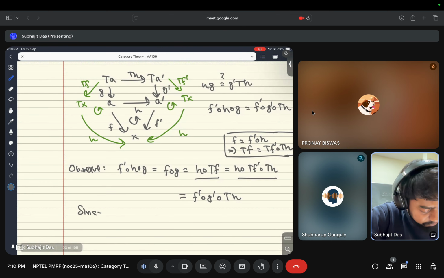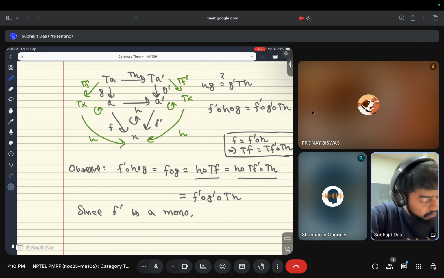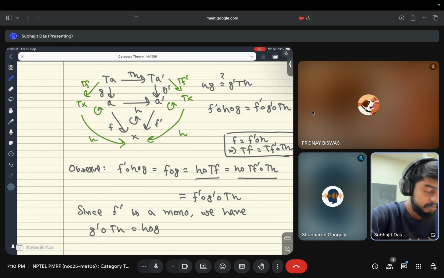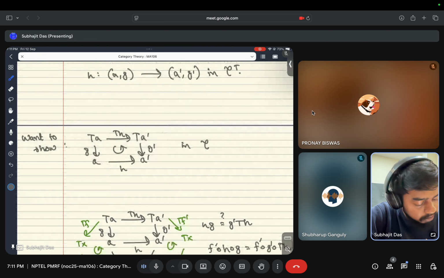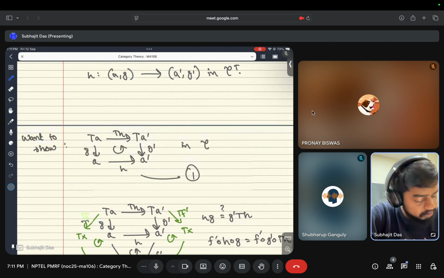Since F prime is a mono, we have G prime compose TH is equal to H compose G. And hence, let's put a label on this diagram, 1.